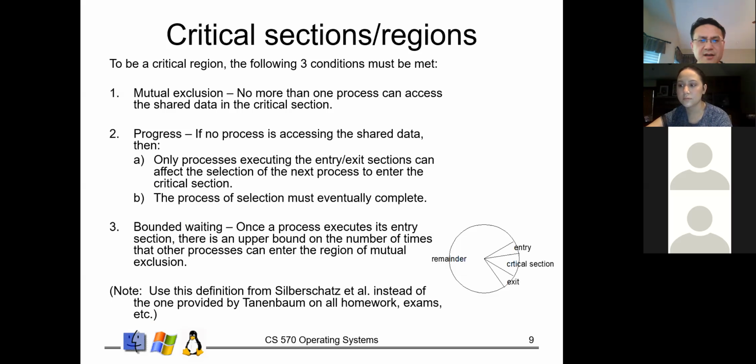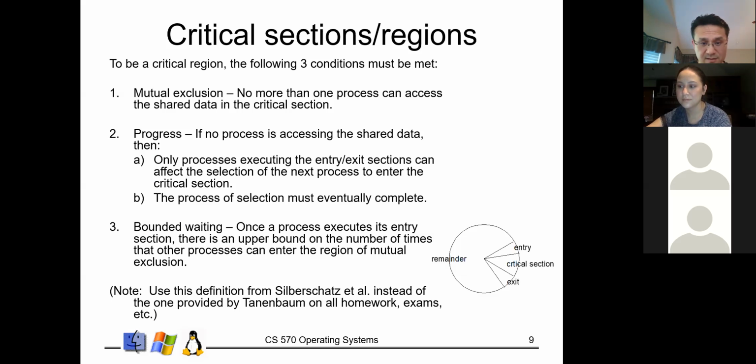That means if no process is accessing the shared data, and multiple processes are trying to gain access to their respective critical sections to access the shared data, then the critical section needs to ensure one of the processes will gain access.